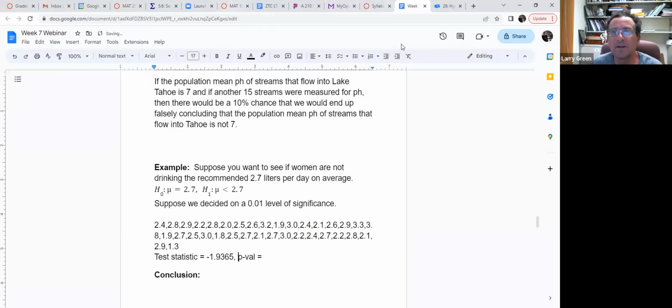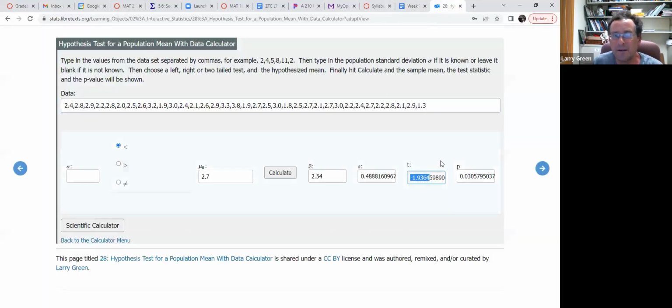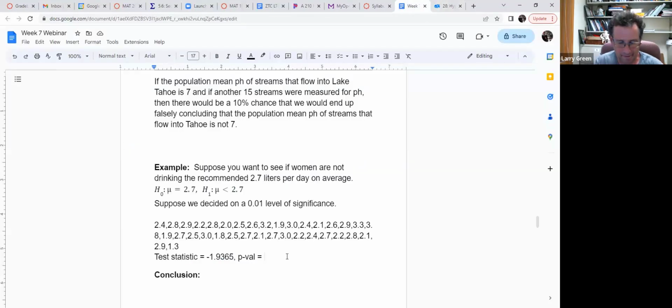The p-value was 0.0306. Any questions on that?